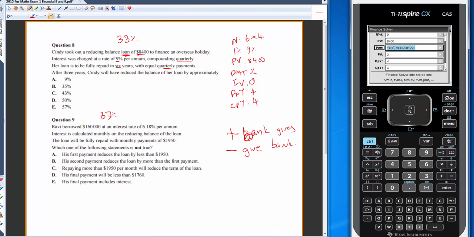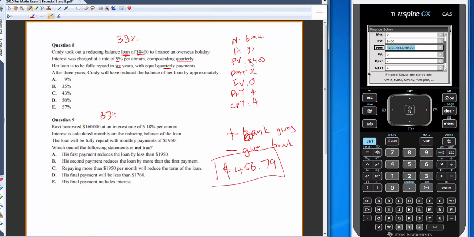Let's get the payments. It's negative $456.79, and negative means we give it to the bank, so this amount makes sense. Let's just note this down: the payments are going to be $456.79.